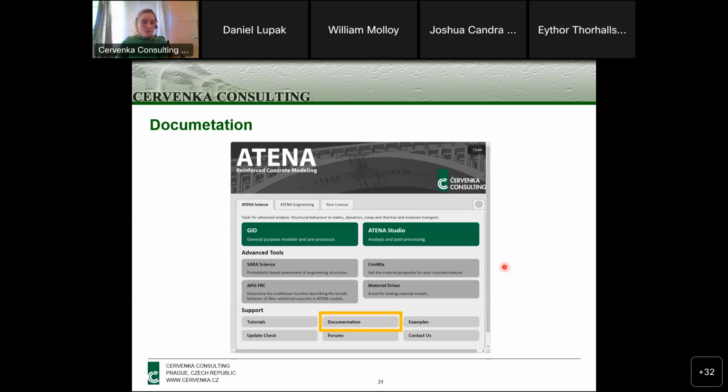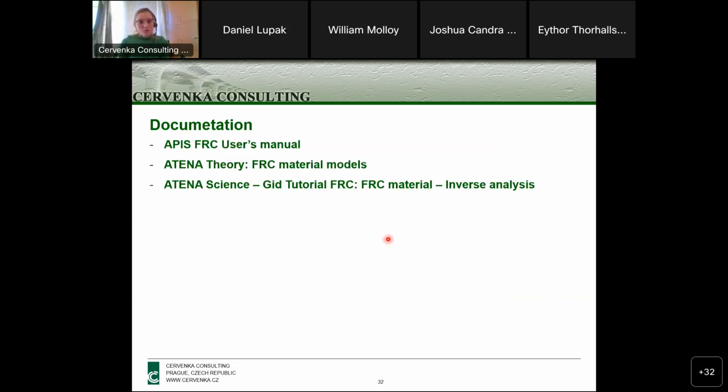Well, so we are getting to the part where you can find some more information about either the material models for FRC in general or the APIS module. And again, you can find our documentation easily through the ATENA Center. The 3 main manuals that I would recommend: the first one is directly the manual for APIS users.